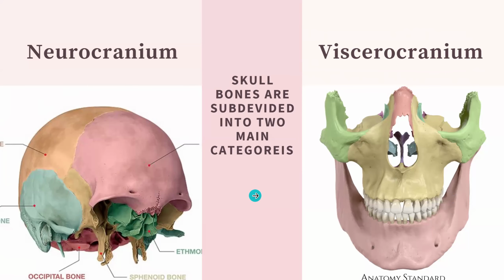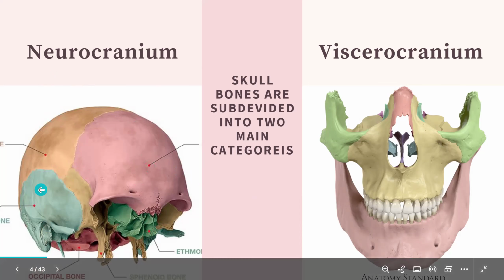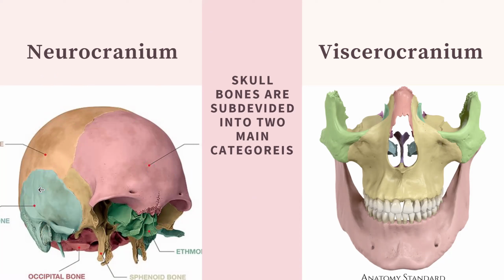The skull bones are subdivided into two main categories: neurocranial bones, which hold and encompass the brain inside, and viscerocranial bones, which compose mainly the facial bones.